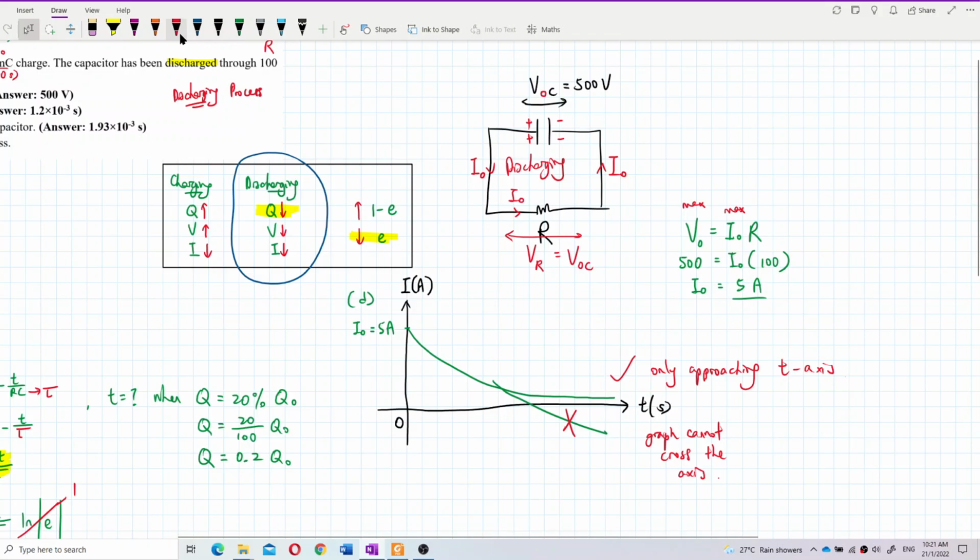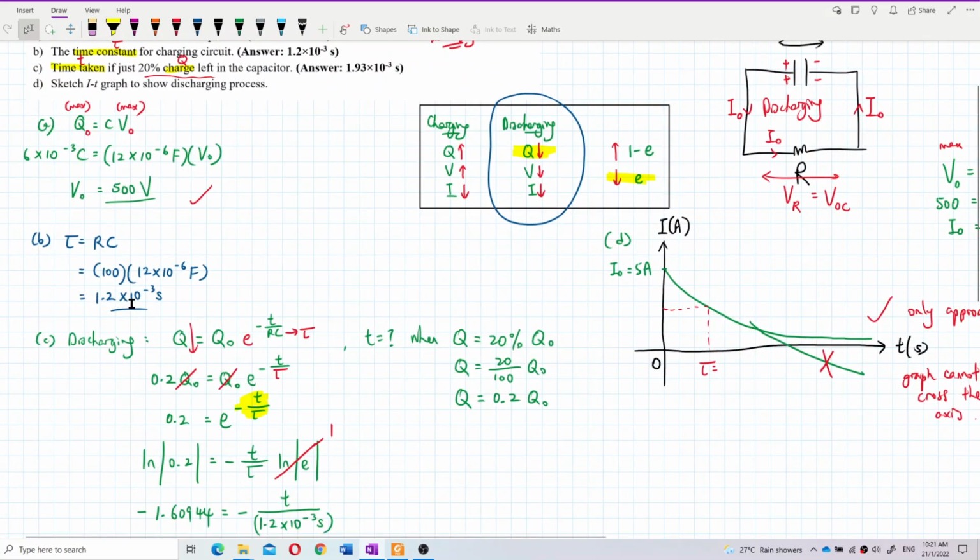You also can label here the time constant. What is the value of the time constant you got just now? Label that: 1.2 times 10 to the power of -3 second.